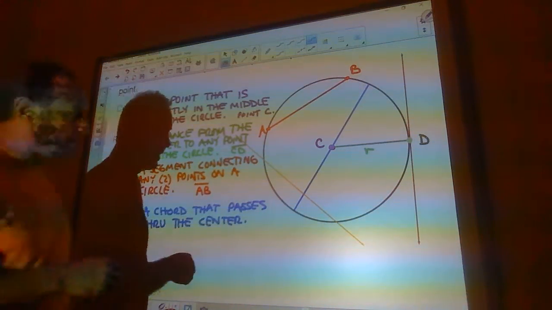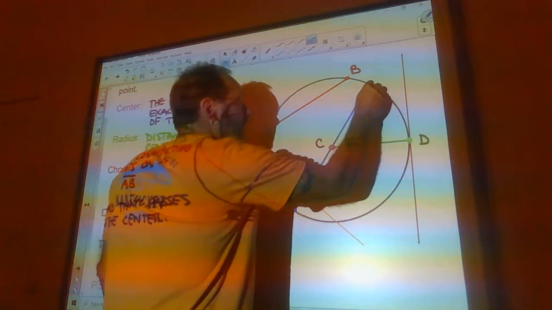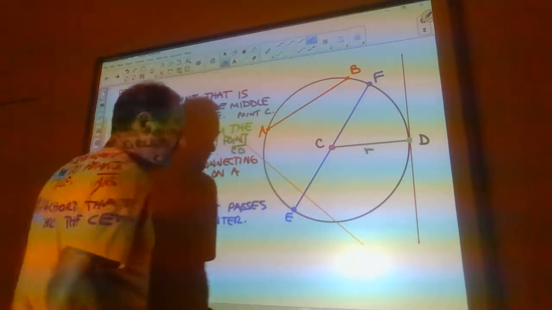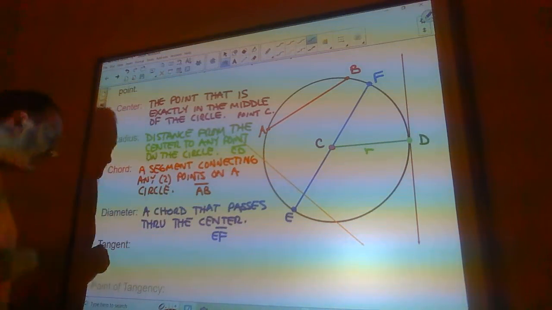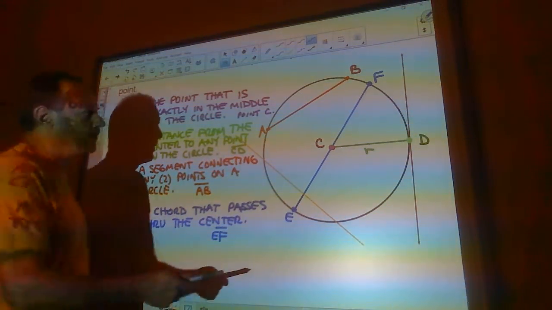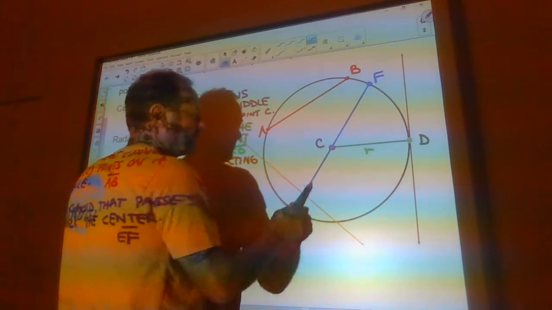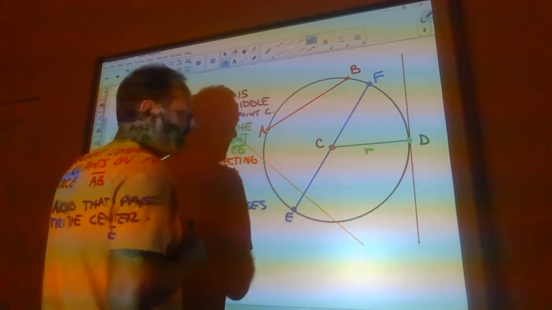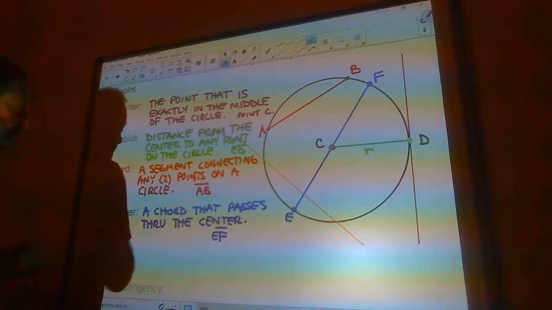Okay, so we call this point E, call this point F, and that would be segment EF. Okay, it's a chord just like AB is, because it's got 2 points on the circle, and the segment connects them, but it does pass through the center, whereas AB does not. It is also the longest chord on a circle. Okay?